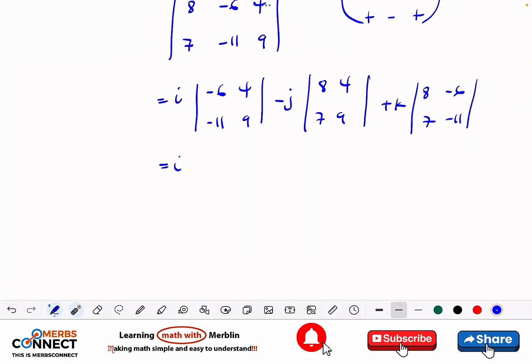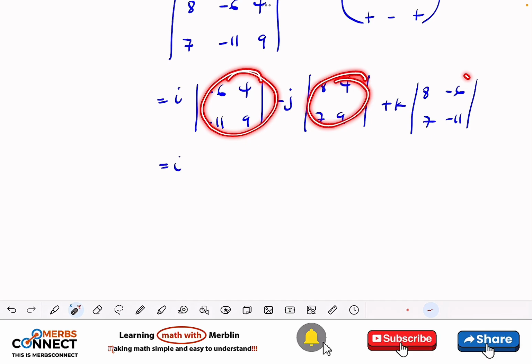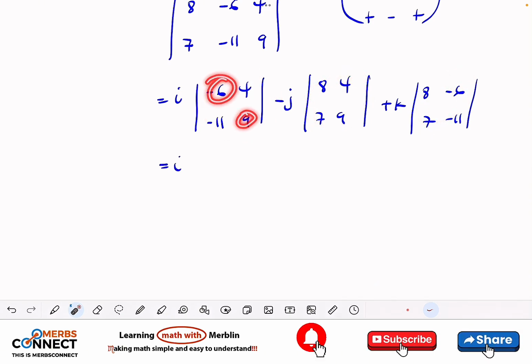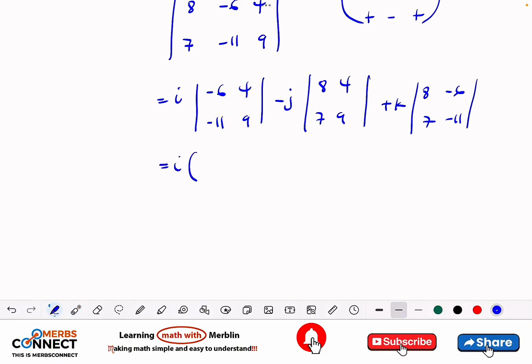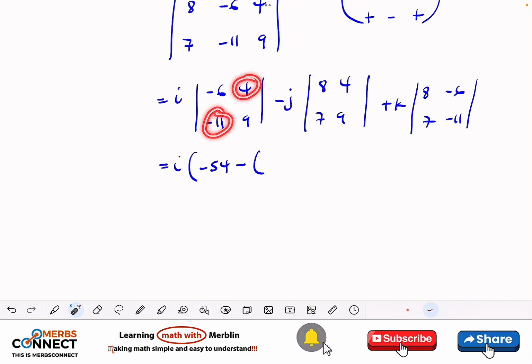Now this is a 2 by 2 matrix, which we are finding the determinant of. So I just multiply this by this and this by that. What is minus 6 times 9? That should give us minus 54. Then minus 11 times 4 is going to give us minus 44.